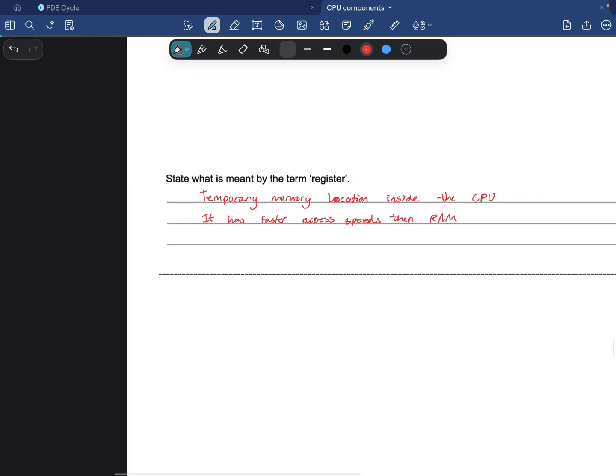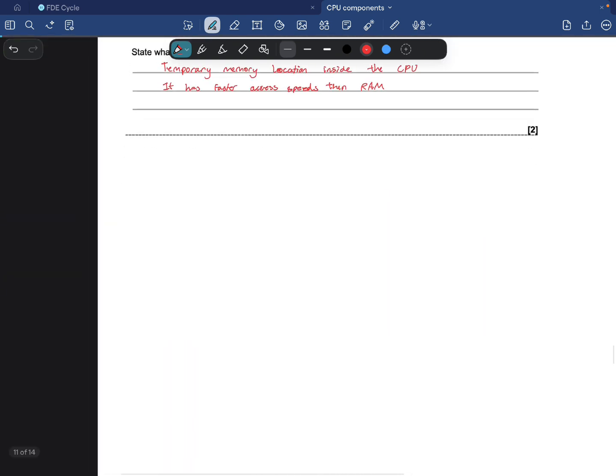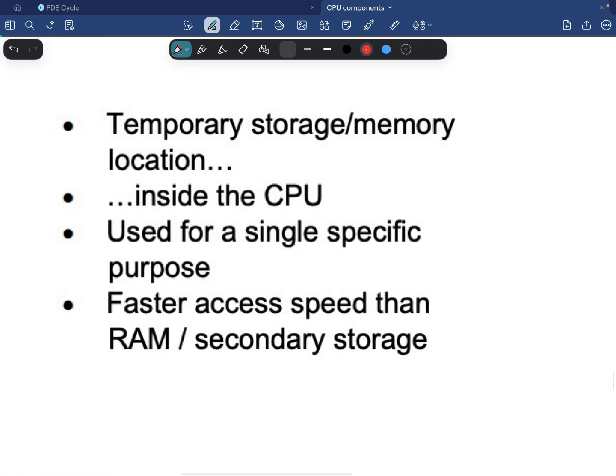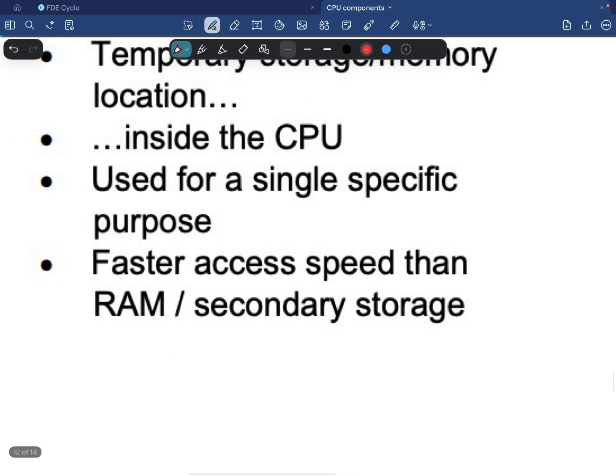So those are 2 points. So let's have a look at the mark scheme answer. This is the definition of registers. We can also say that it is used for a single specific purpose.